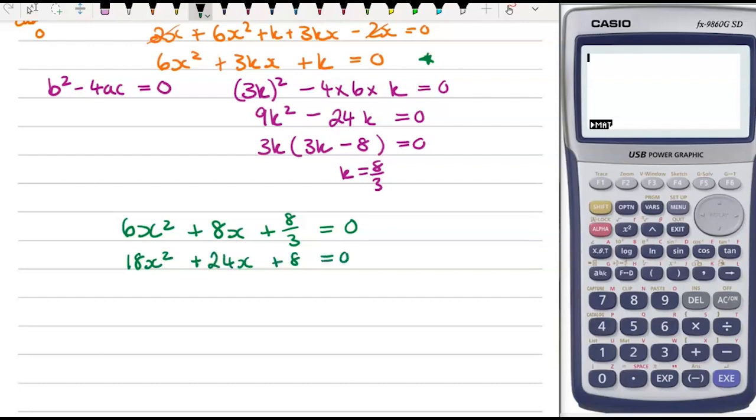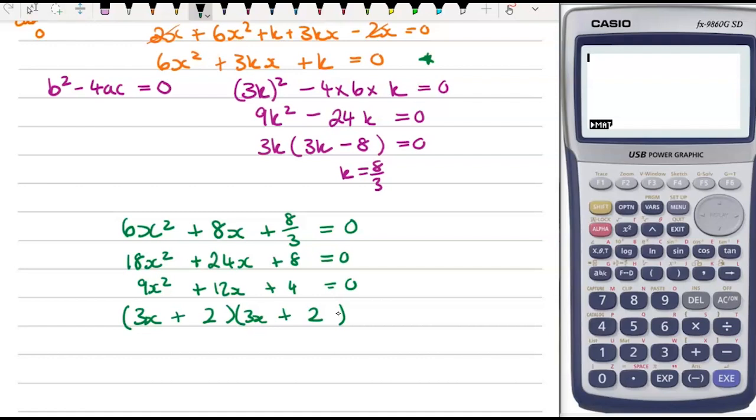And then this can also be halved, so 9x squared plus 12x plus 4 is 0. Let's try factorizing it. That feels like this will go into 3x and 3x, and a 2 and a 2. And yes, that works.